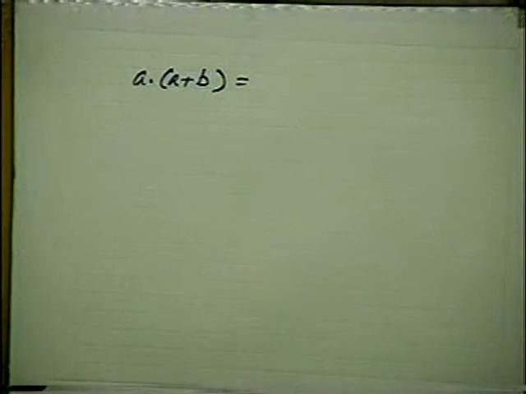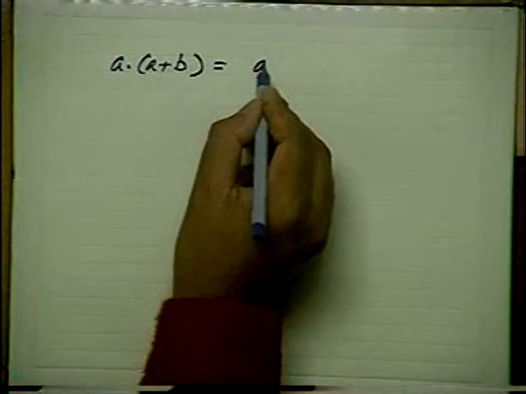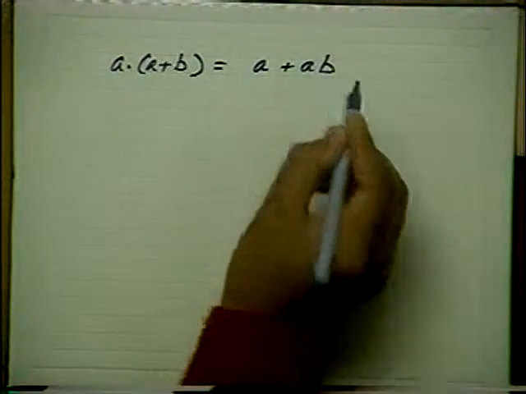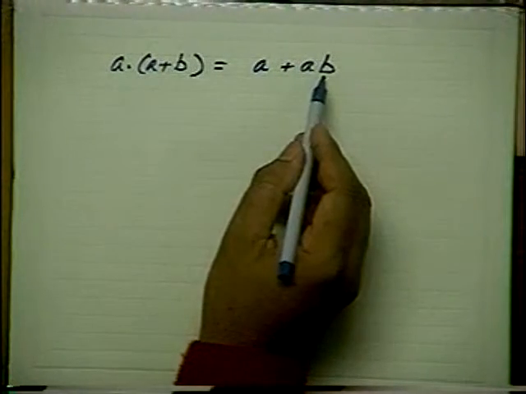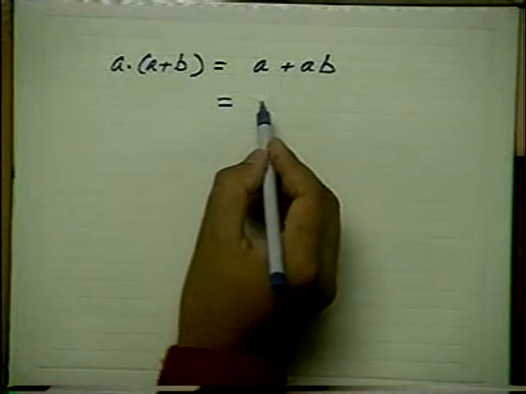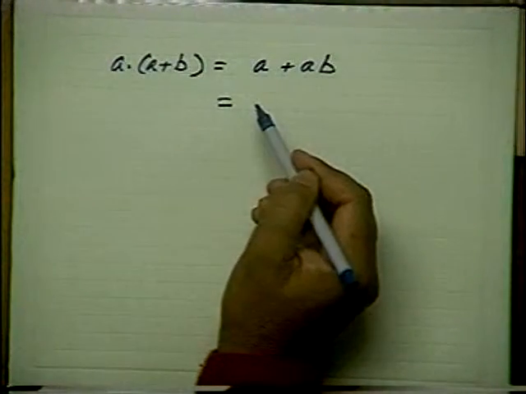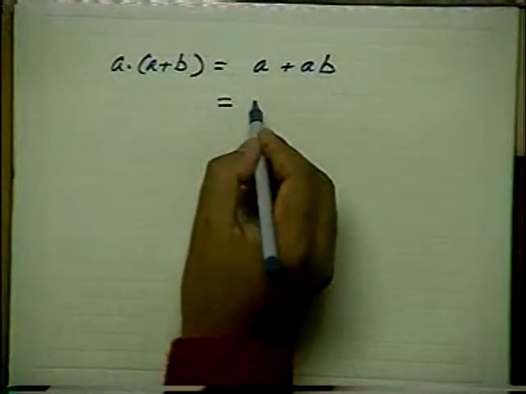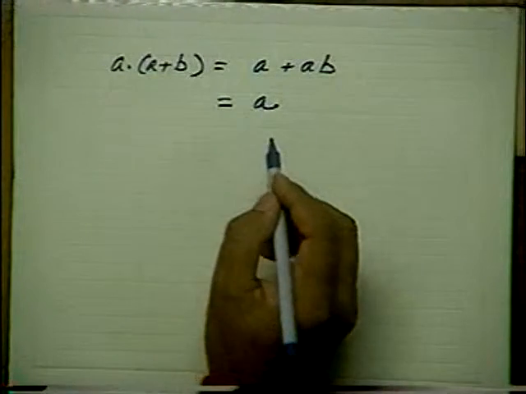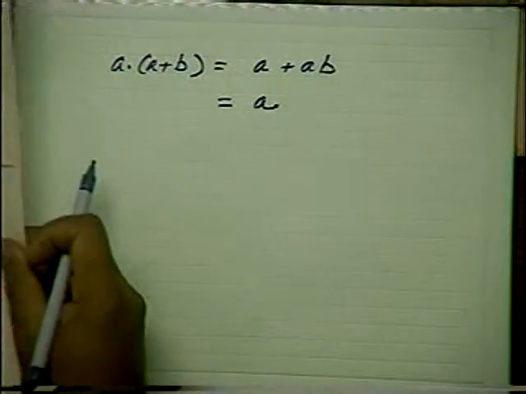This I can immediately write as A plus AB, and this I can write from what I have proved already in theorem 9, that A plus AB equal to A. We can write it to be equal to A. Therefore, we have the law of absorption proved.